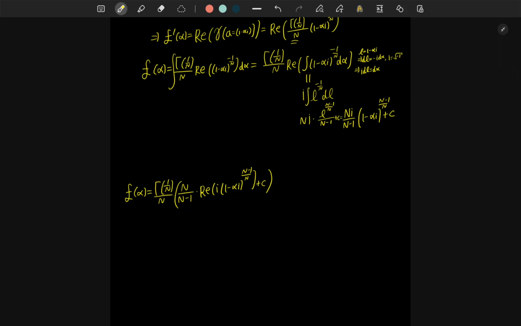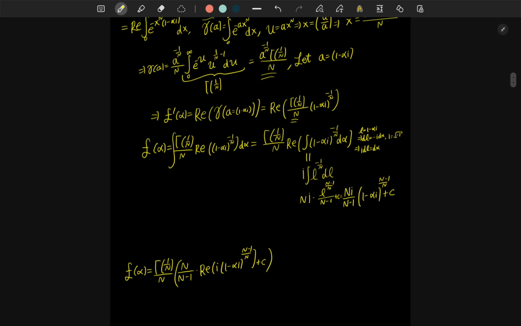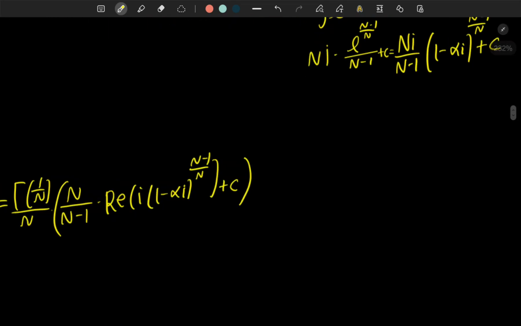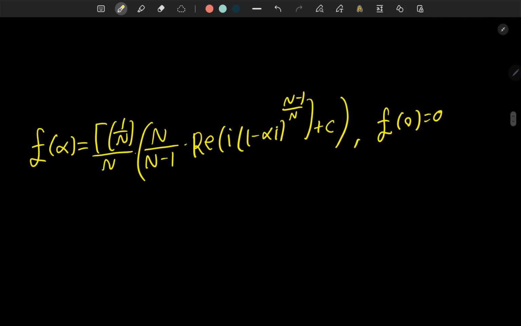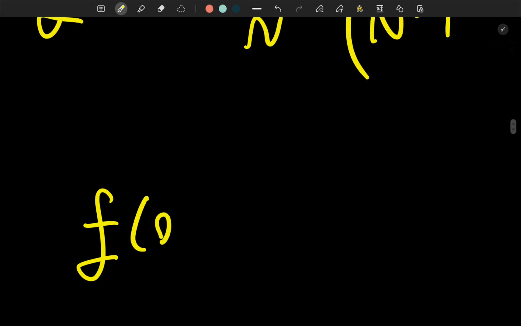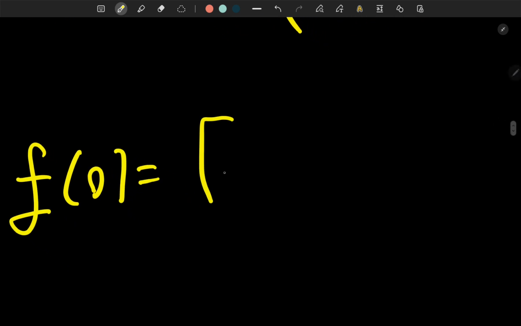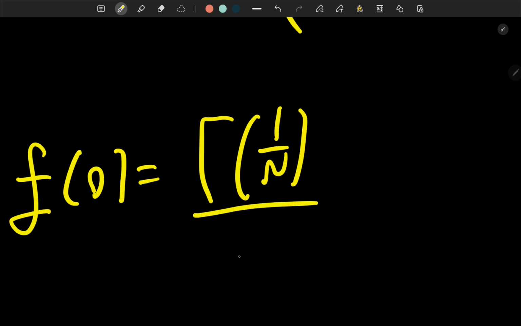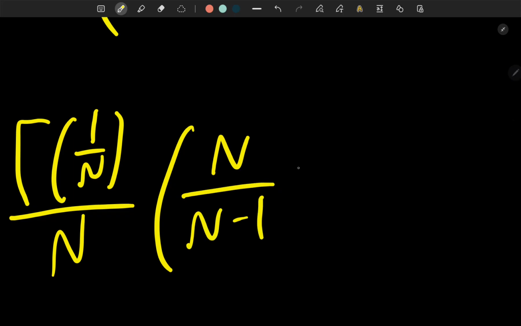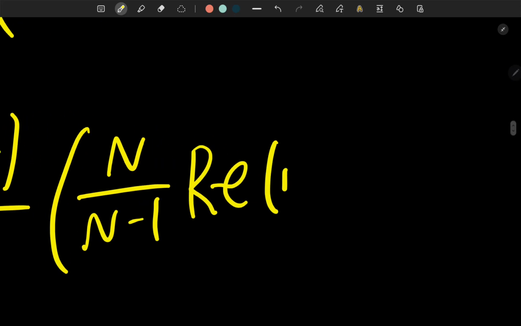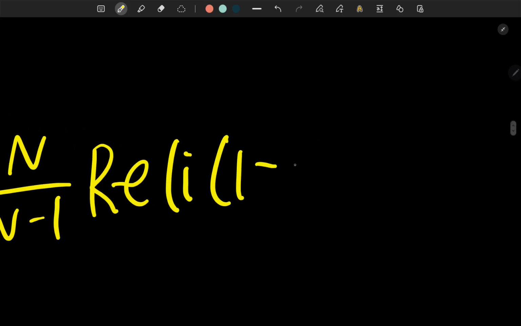That is okay. And if we want to find out what the value c is, we have an initial condition. That initial condition was, if we recall, f of 0 equals 0. Well, if we plug in 0 for alpha, we have f of 0 also equals gamma of 1 over n divided by n times n over n minus 1 times the real part of I times 1 minus 0 times I. Well, 0 times I is just 0, so that's just 1.